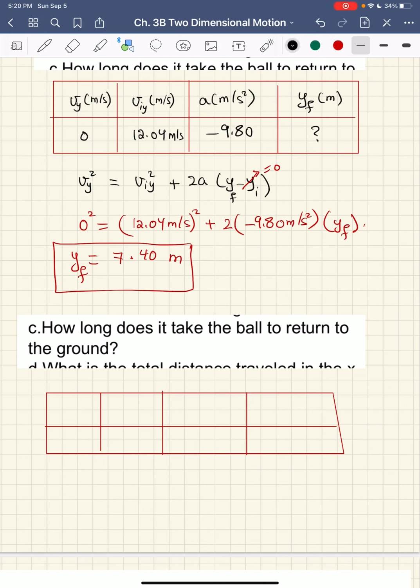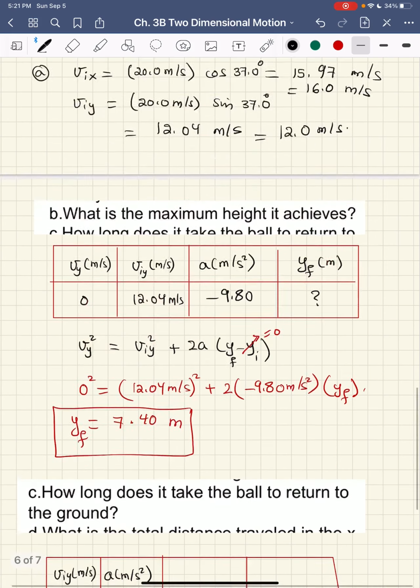Now the first thing is I have Viy, 12.04. I know that a is negative 9.8.